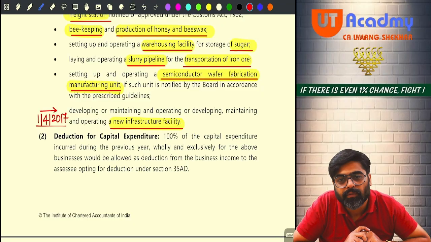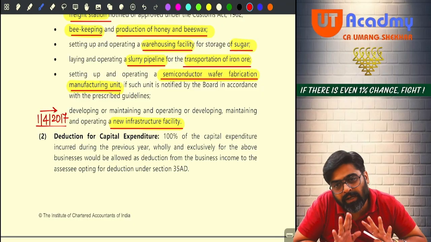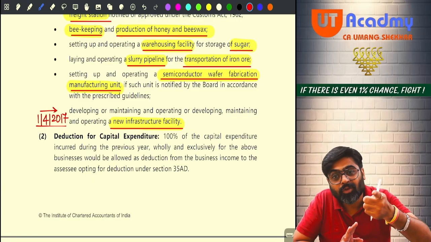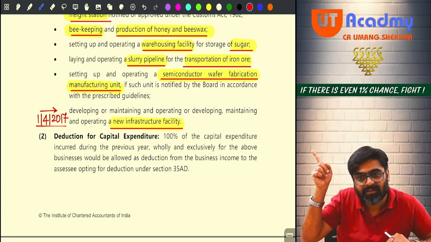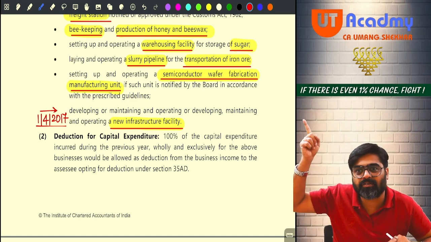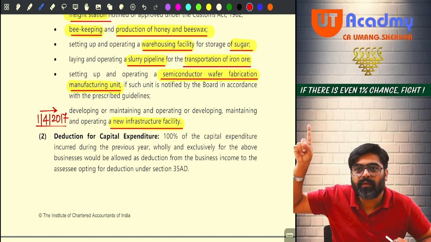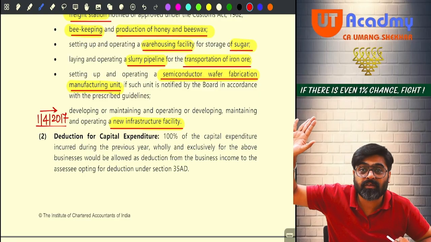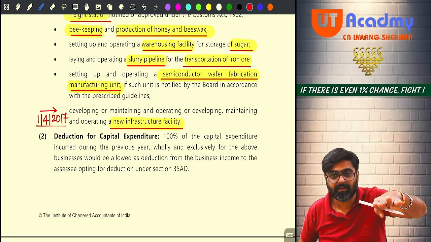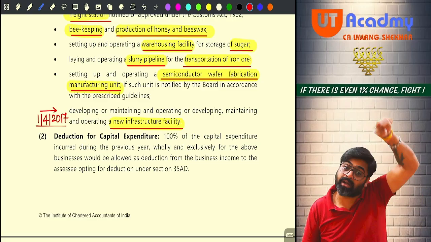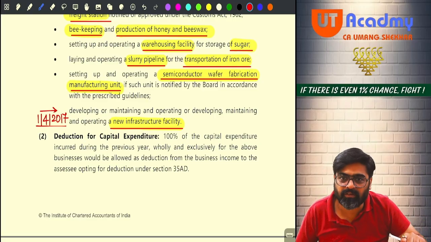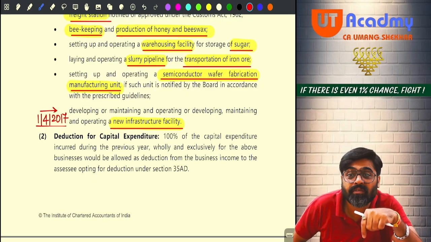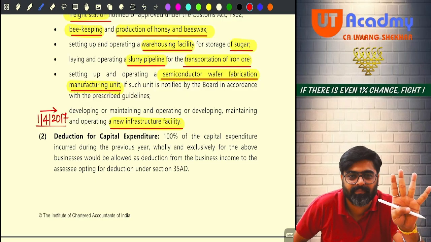What if you are already doing this business prior to the specified date? That means the operations have already commenced prior to the specified date. For those businesses the names are specified, but since their operations commenced prior to the specified dates, the 35AD benefit will not be available.